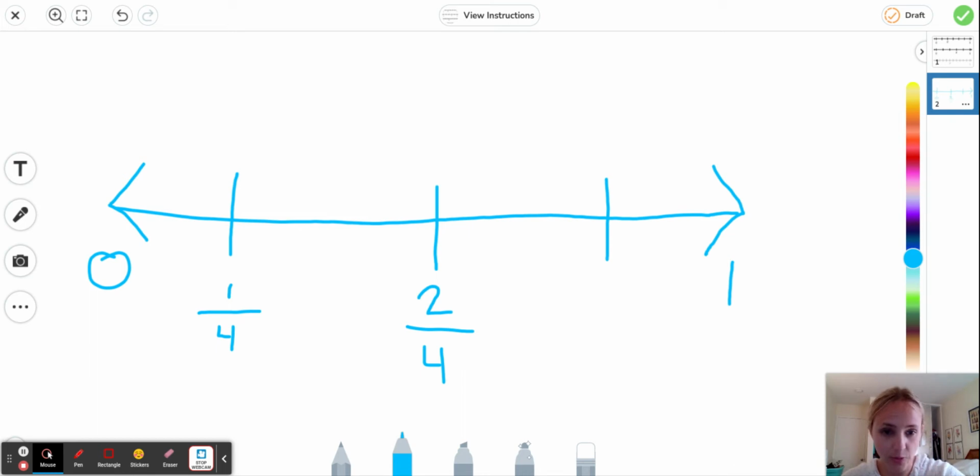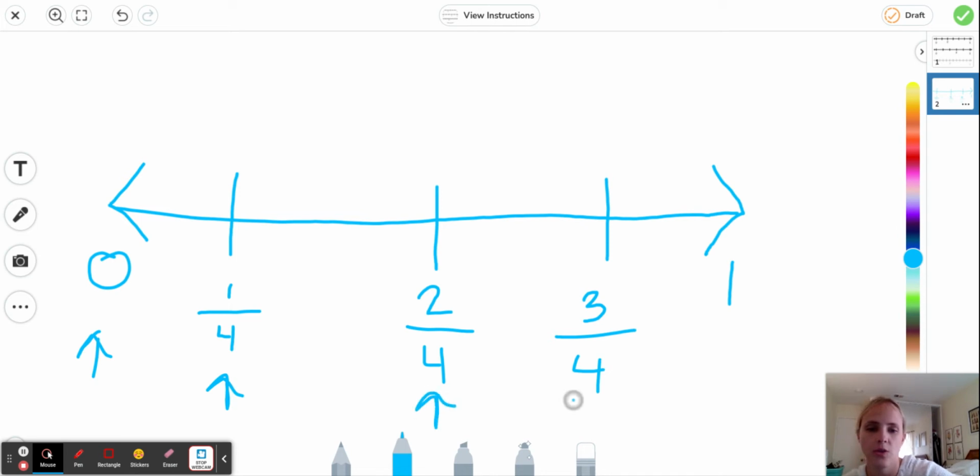If you're thinking 3/4, you are correct. 3/4. 3, that's the third line, or the third section out of 4 sections that this line is broken up into. So we have 0, 1, 2, 3, and then we have 1.